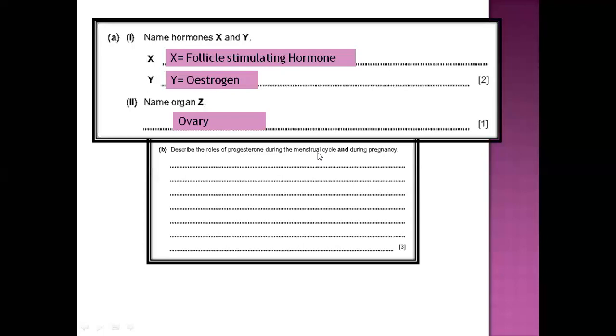Now, during pregnancy, what should it do? The endometrium lining that has already developed, it maintains it.